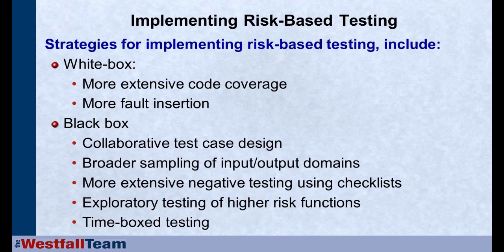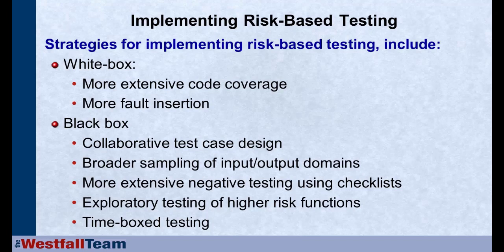Another consideration would be to do time box testing. This is what the Agilists do, where with time box testing, they are literally saying, this is a high risk component, I'm going to give it 2 hours worth of testing. This is a lower risk component, I'm going to give it a half an hour of testing. And what they do is for each of those components, they prioritize the list of test cases they've designed.